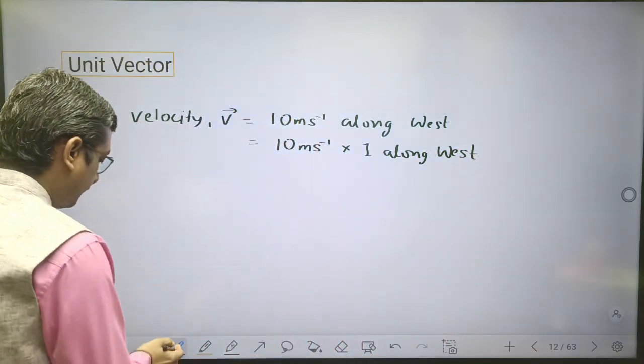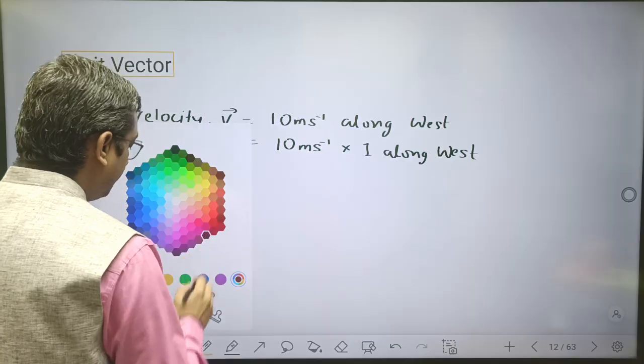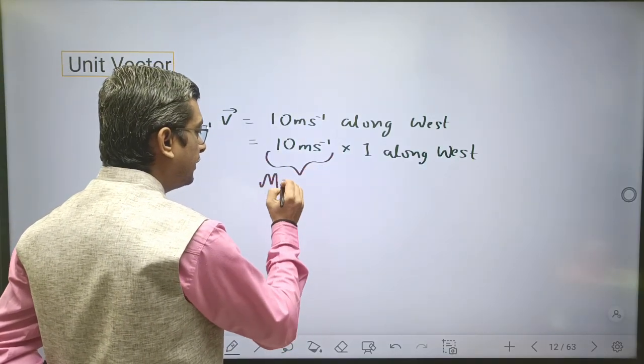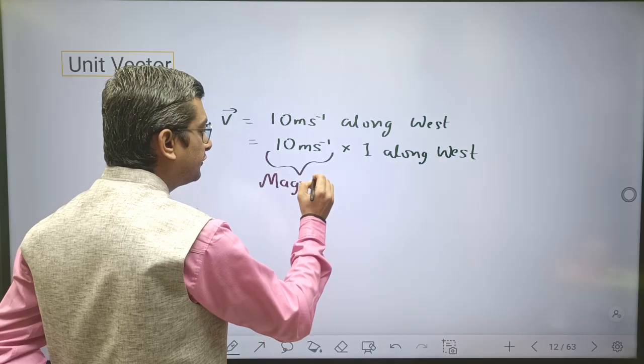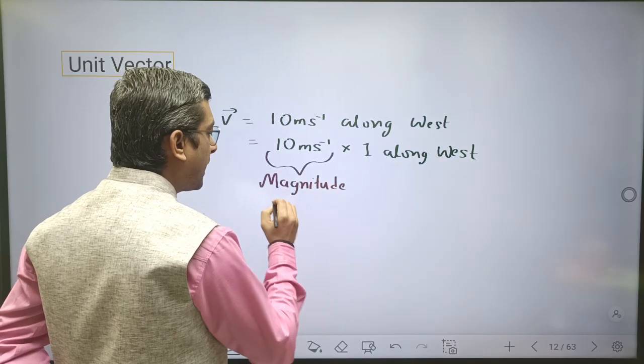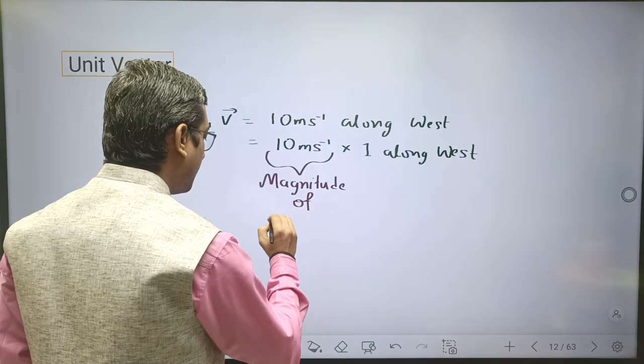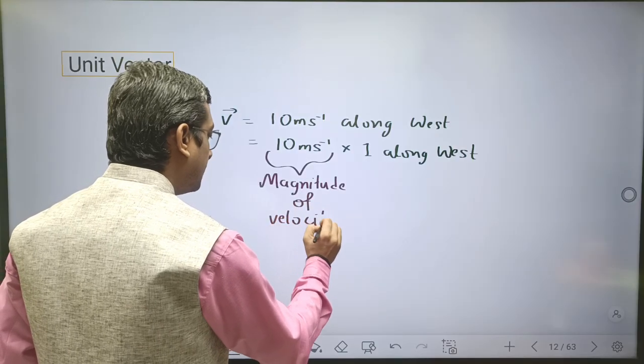Now there are two things to define the velocity. This is the numerical value along with the unit, and this represents the magnitude of velocity.